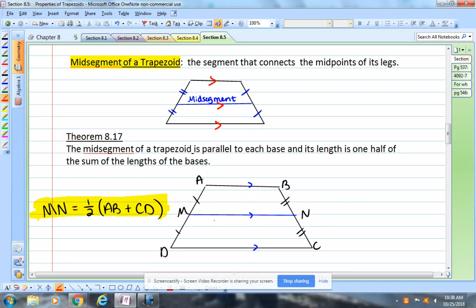Okay? You need to memorize this formula. The length of the mid-segment is 1/2 of the sum of the two bases. You don't necessarily have to memorize those letters.